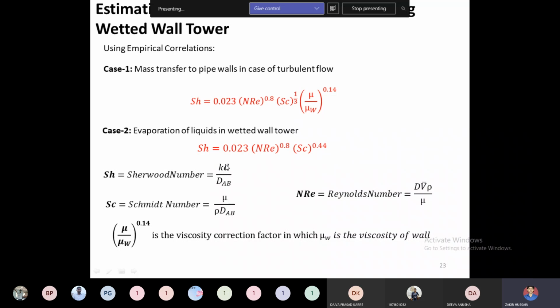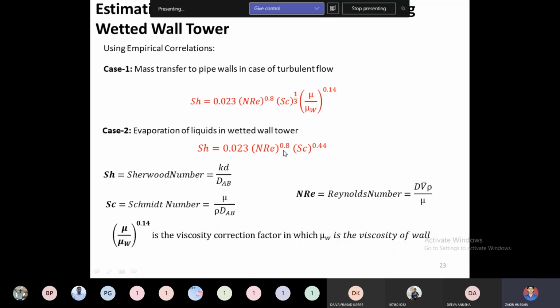Small d is the diameter of the tube or column, with units of meter. And DAB, as you already know, is the diffusivity of A through B, which has units of meter square per second.